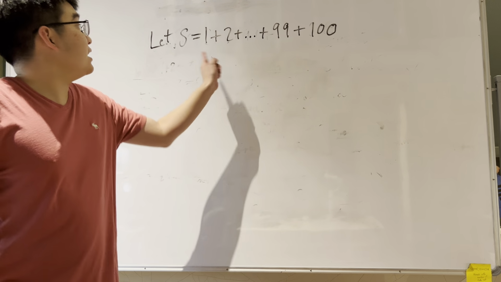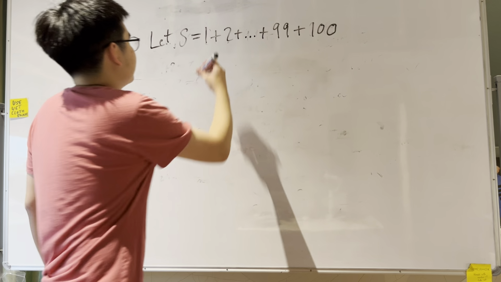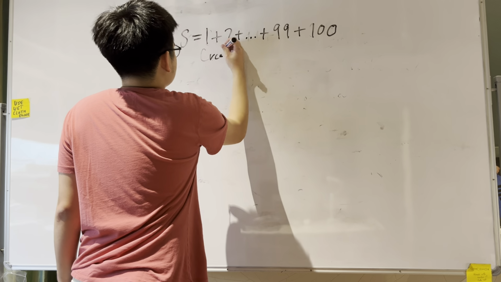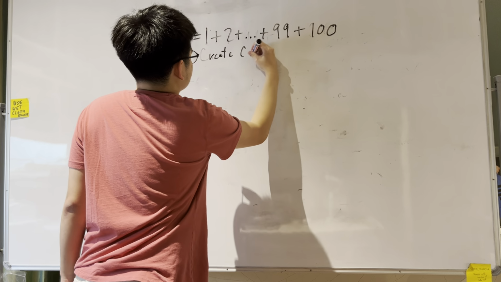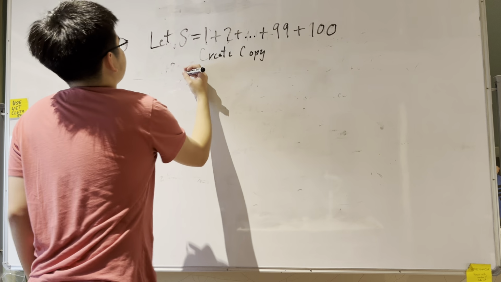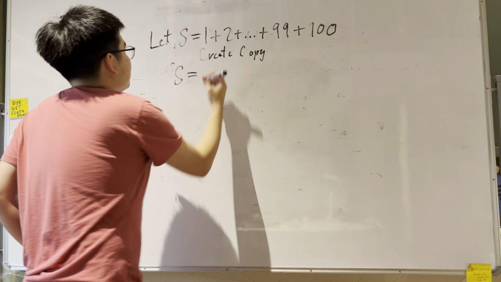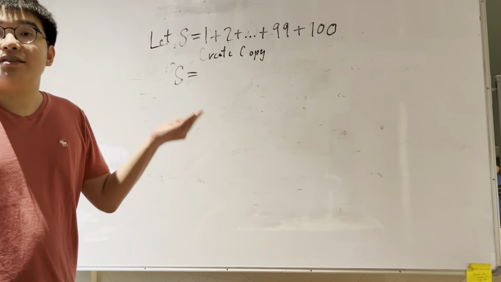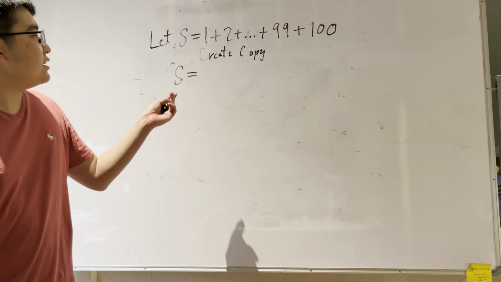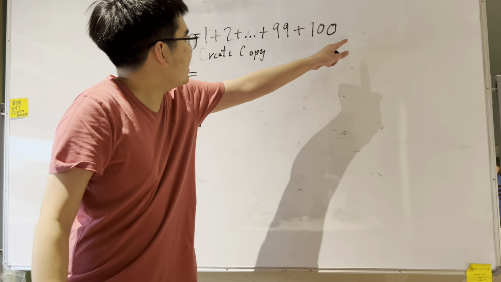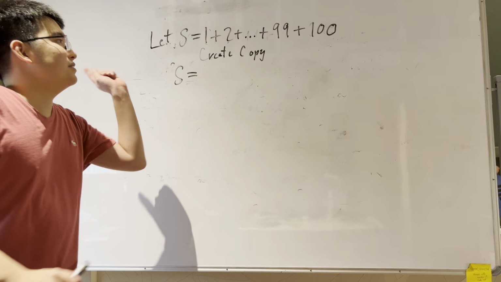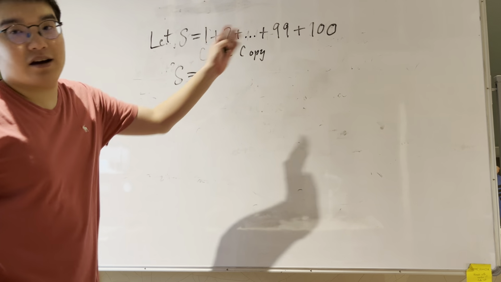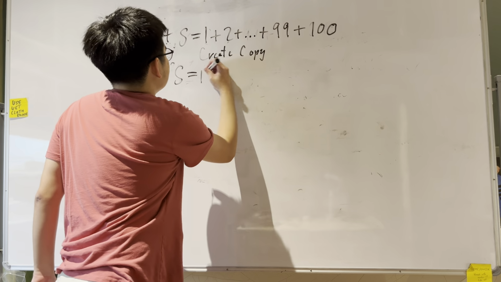He said, let's create a copy of this equation. I might even call this a copy principle. But because the order you add doesn't matter, he said, let's take this entire list and flip it from right to left. So the 100 goes here.